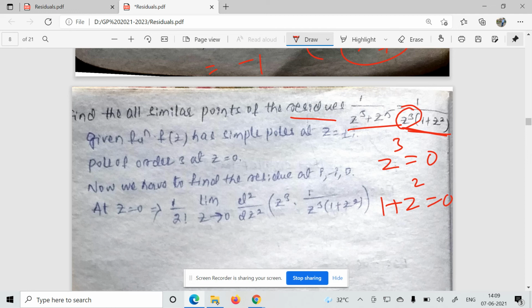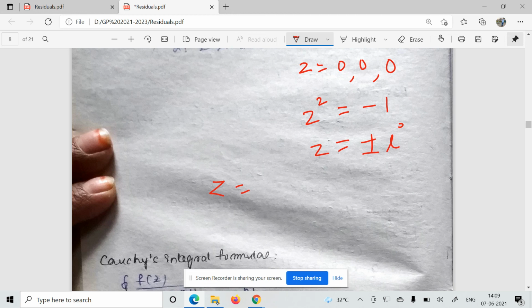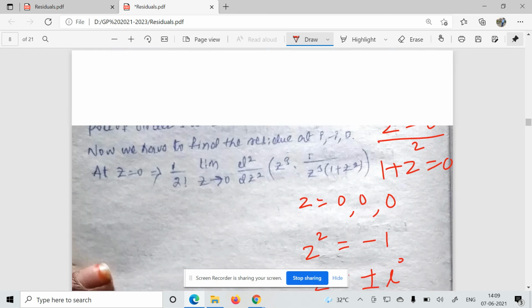So z equal to 0, 0, 0, and z square equal to minus 1, so z equal to plus or minus i. The singular points are 0, 0, 0, minus i, plus i.